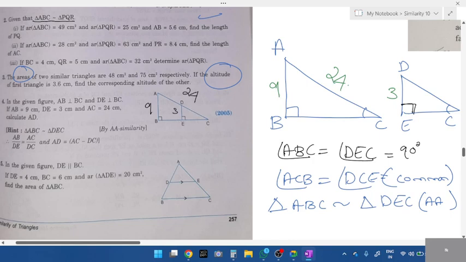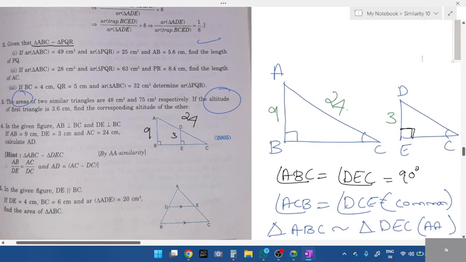DE is 3. We need to calculate AD. Okay, up to here, did you all complete? Proving question is done. Right. Now I'll tell you how to find AD, students.